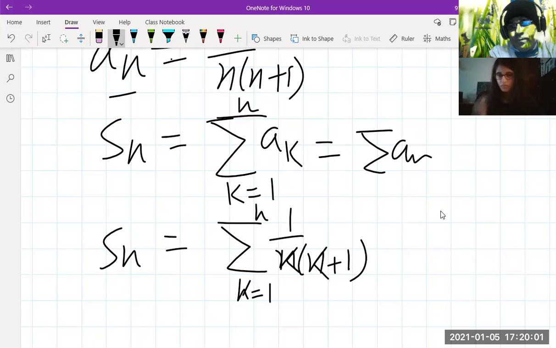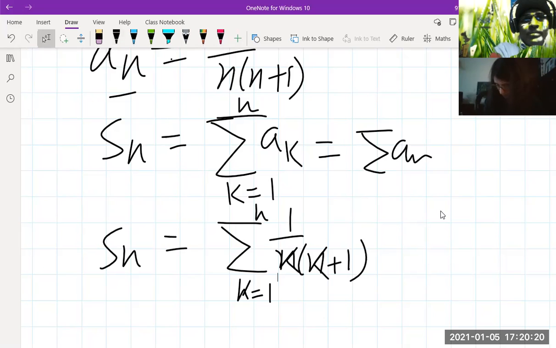K equals to 2, 1 upon 2 into 3. So it just lets us write the whole series in a single term. Now how to proceed?